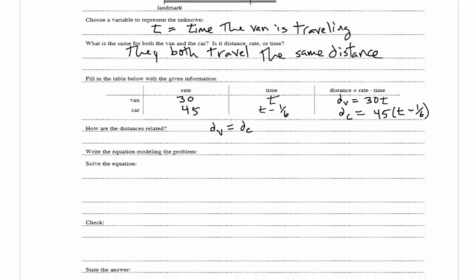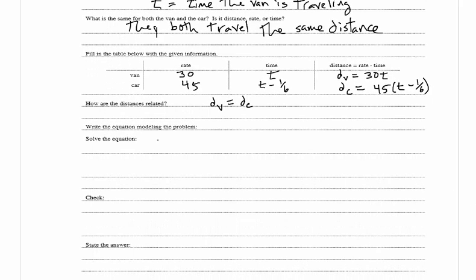And now they want us to write the equation modeling the problem. So we're going to have 30t equal to 45 times t minus 1/6. And the first thing I'm going to do to solve the equation is distribute the 45 through the parentheses.